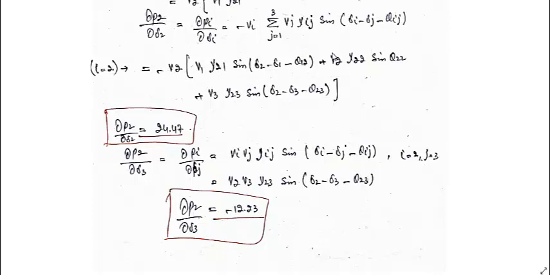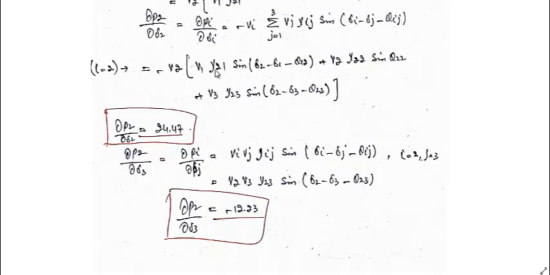This term will be 0 because it is a derivative with respect to delta. Delta 1 is not there, so it will be 0, plus V3 Y23 sin of delta 2 minus delta 3 minus theta 23. Here all the values are given because we have assumed initial values, and some values are given from the Y bus. This is the magnitude of them.